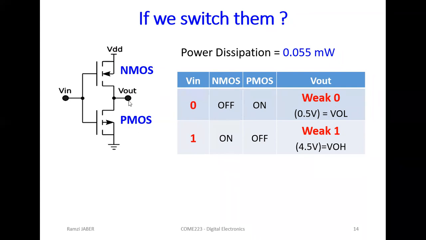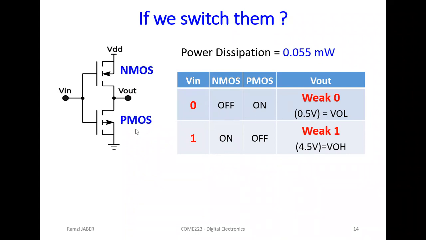Okay? So here, I will repeat. For input 0, NMOSFET will be off, PMOSFET will be on, so the output will be directly connected to the ground. Here we are limited by the internal diode inside the PMOSFET that works in contrary with the ground to raise the 0 volt to 0.5 volt. So here we have weak logic 0. This 0 is not 0 volt, it is 0.5 volt.